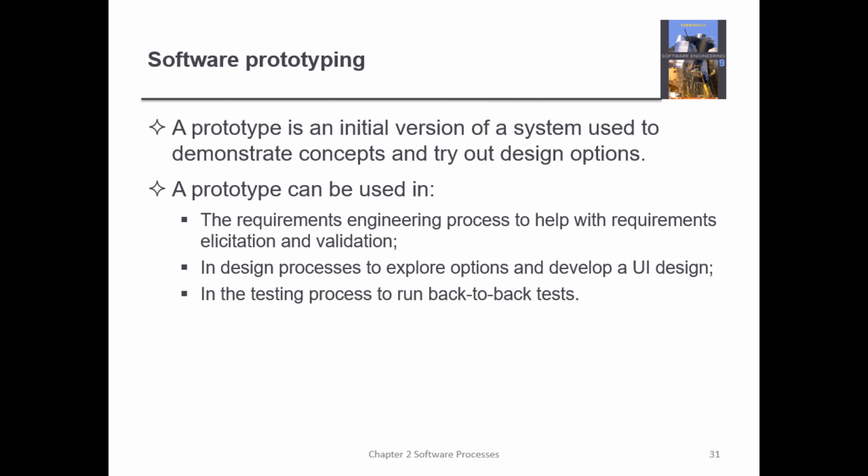So you can give a prototype when you want to gather requirements. They will tell you, we don't need this, we like this, it should be like this, it should not be like that. So when you give them a prototype, you demonstrate, then they can tell you what they want and you use it to gather the requirements.